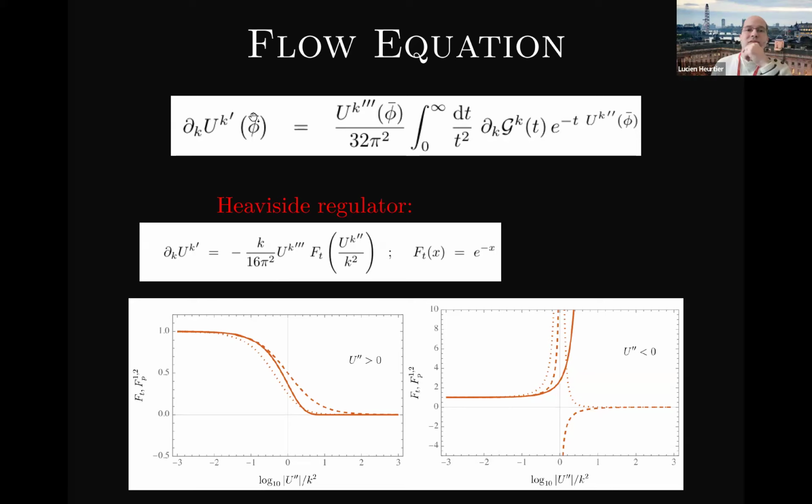Oh, this one? Yeah. You can integrate it with respect to phi if you want. You will obtain an equation for U of phi, and then you may not have a third derivative here. We found it convenient to express it for the first derivative because we were using this background field method.